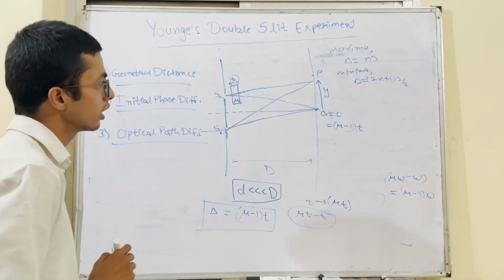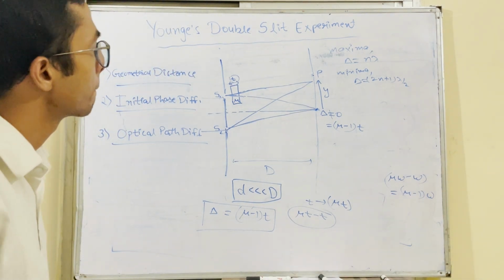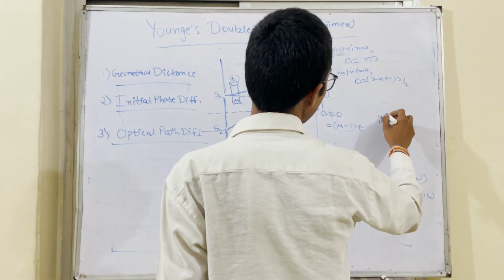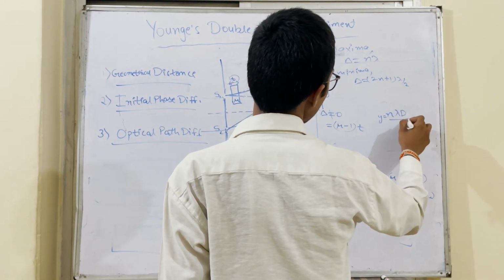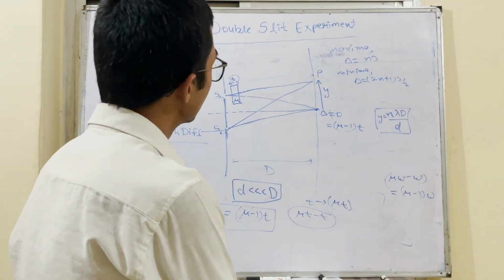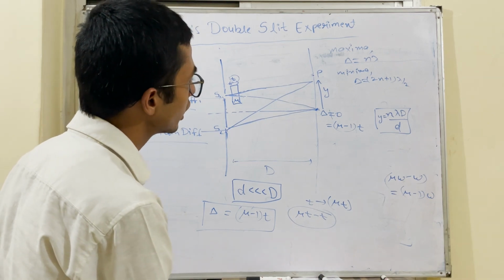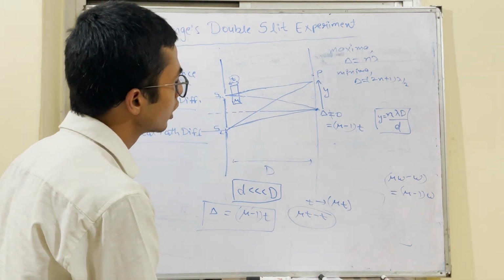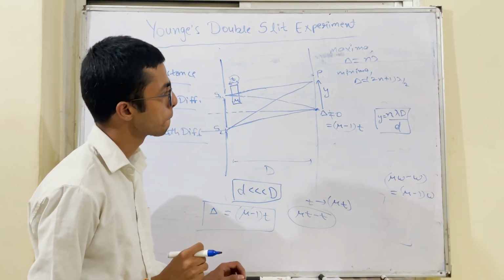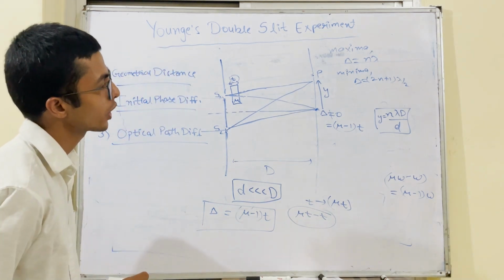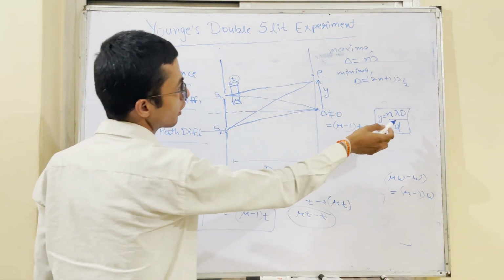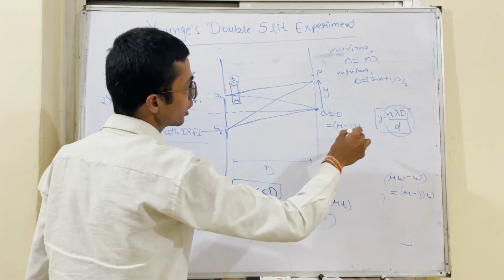And how can we write y? We have written y as n lambda D by small d. I am writing this y as n lambda D by d.